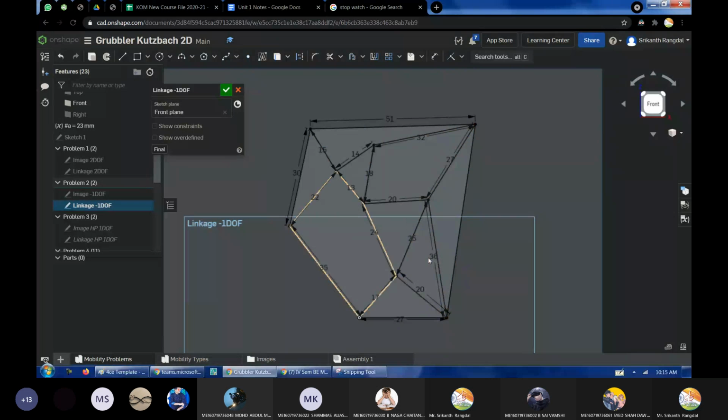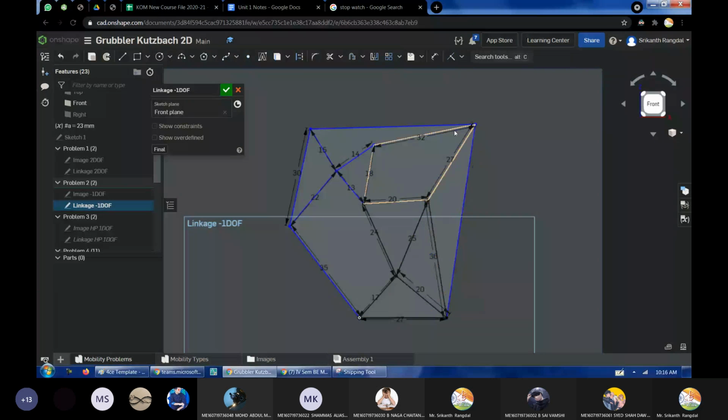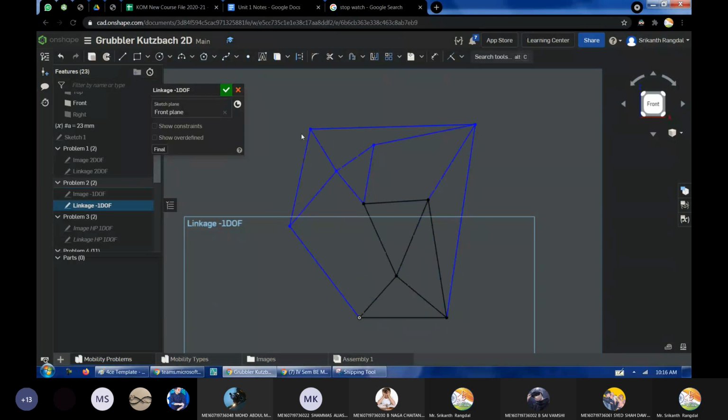Whatever dimensions I've given right now are perfectly able to define the geometry. If I delete one more dimension, now you can see that the diagram has become blue. The black part of the diagram cannot move, whereas the part which is blue is able to move.